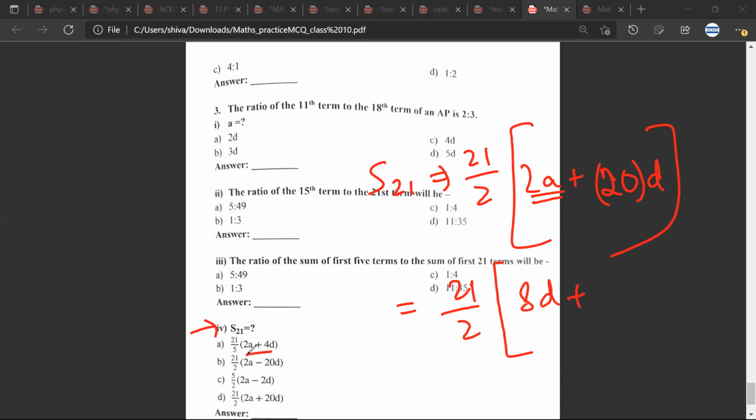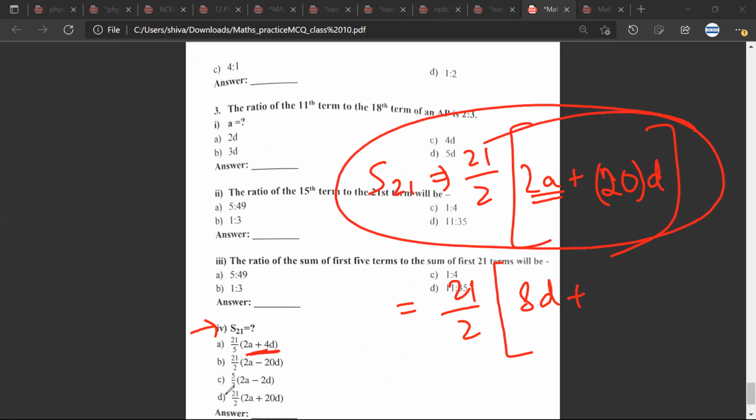But here we require the value of a and d. No, so we won't require the value. So the answer would be D. Yes, the answer would be D. Correct. This would be the right answer. Any doubt, Mr. CB?